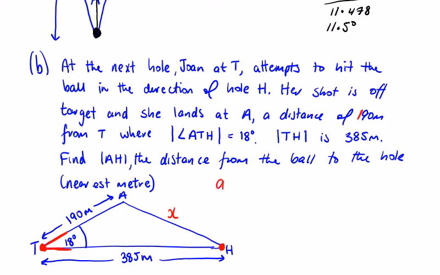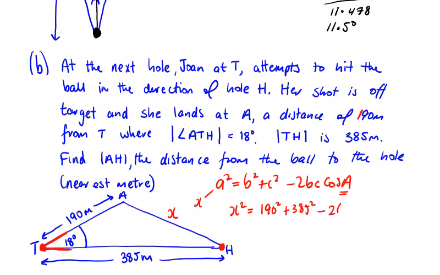A squared is equal to B squared plus C squared minus 2BC cos A, where A is the side on its own that we're looking for, and B and C are the two connecting sides to the angle A. So X squared is equal to 190 squared plus 385 squared minus 2 by 190 by 385 by the cos of 18 degrees.